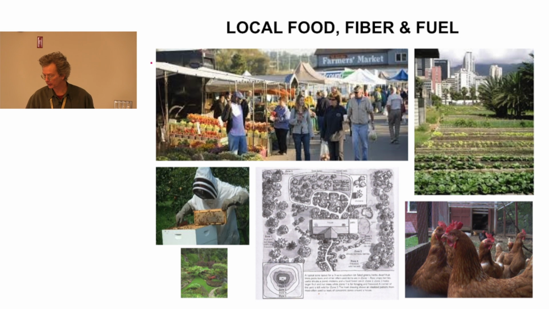And what does that look like? Well, we all know what farmers markets look like. We can begin to have livestock in the city within reason. Certainly, we can have chickens in our backyards in more and more municipalities now. And our backyards themselves can be permaculture yards. And that is another pattern that's emerging.